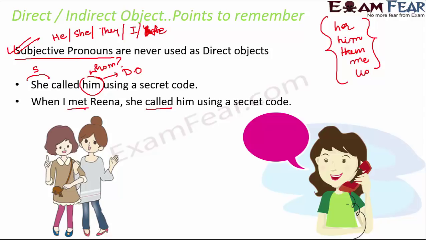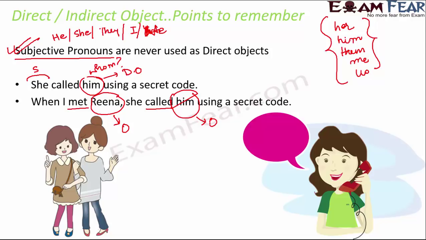So let us try to ask the question with the action verbs. When I met whom? Reena. So Reena is the object here. Similarly, if you ask, she called whom? She called him. So him is the object here. So in this case, Reena and him are the objects and I and she are behaving like subjects. So therefore, the subjective pronouns like I, he, she, they, we can never behave like direct objects.